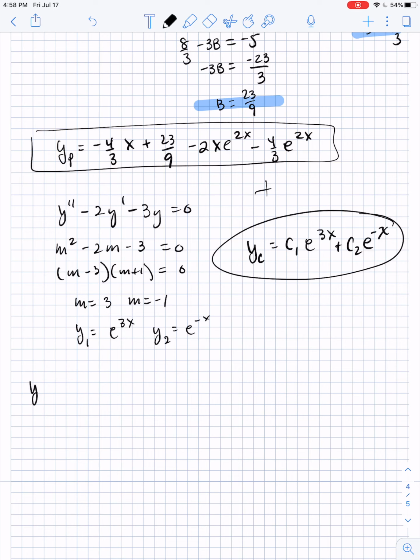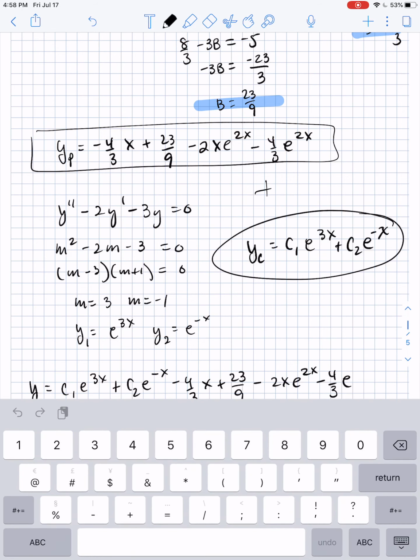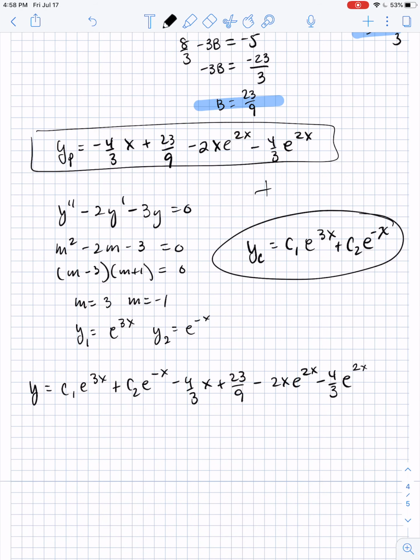So my final general solution is going to be c1 e to the 3x plus c2 e to the negative x, and then minus 4/3 x plus 23/9 minus 2x e to the 2x minus 4/3 e to the 2x.